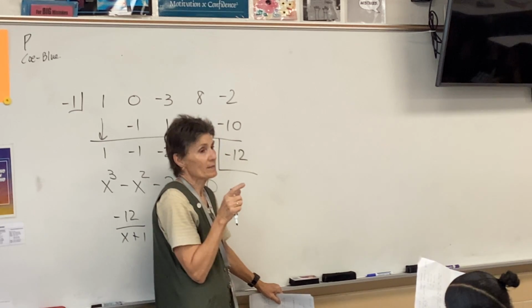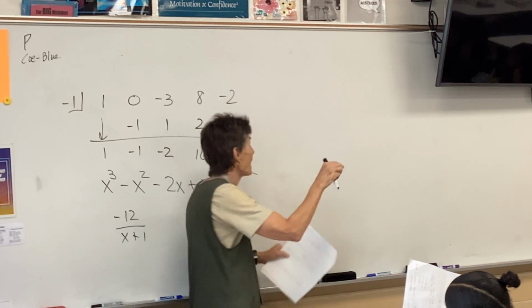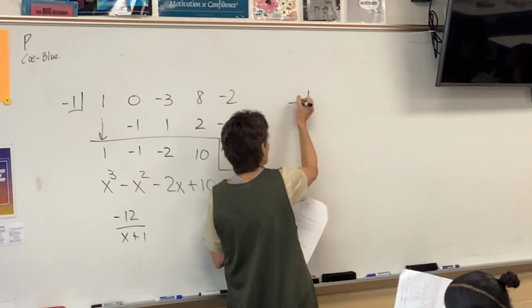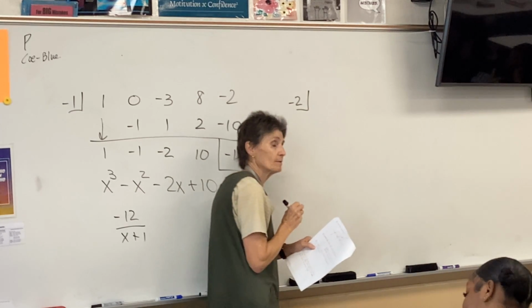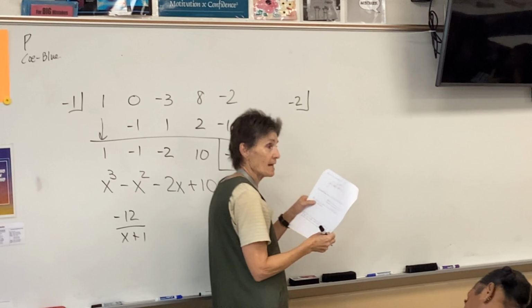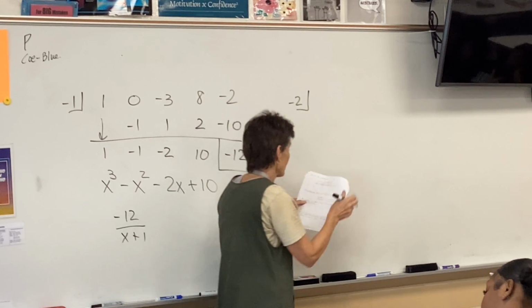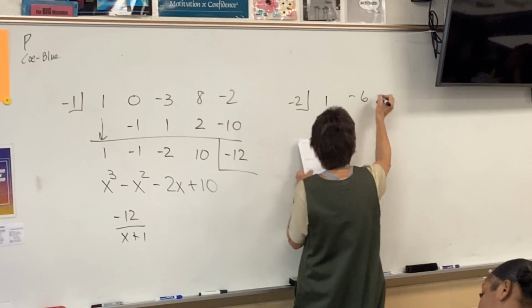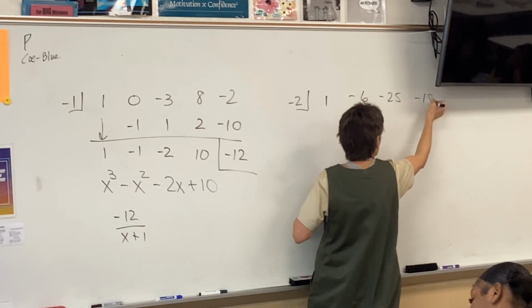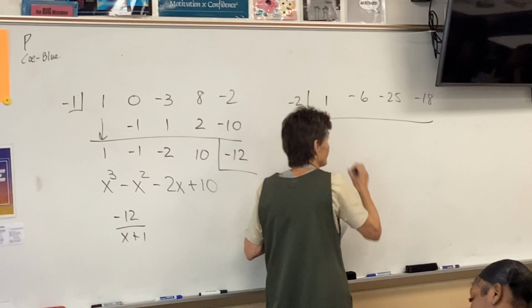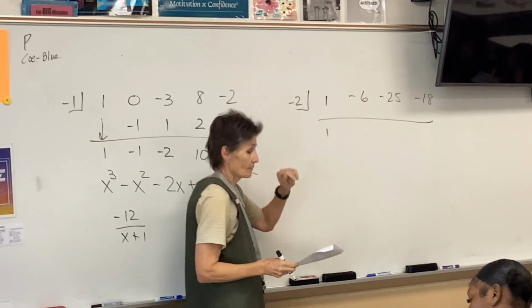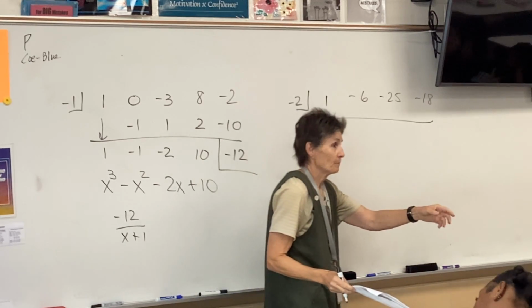And I already know the remainder is going to be 0. So instead of doing that, let's actually divide. Since it's x plus 2 in parentheses, I'm going to put a -2 up there. And then 1, -6, -25, -18. And let's do the division.